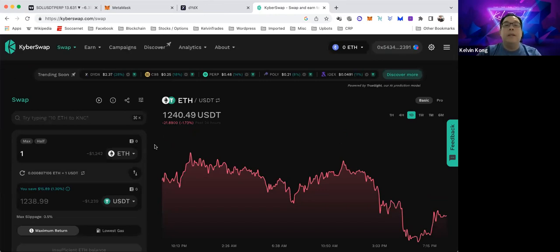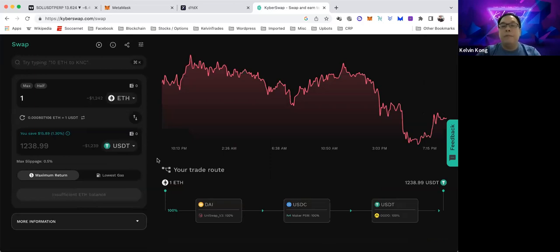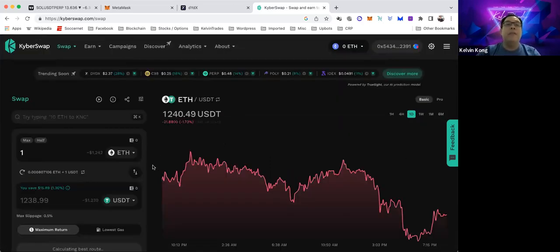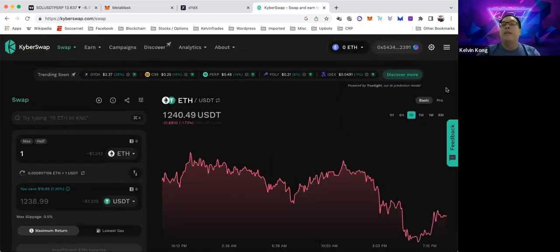So basically, this is how Kyber Swap looks like. Let's say I want to sell my Polygon here. I don't have Polygon in this exchange. It doesn't have a wallet for us to keep our coins because it's a decentralized exchange. That's why you need a decentralized digital wallet like MetaMask. So I need to connect it to my MetaMask.